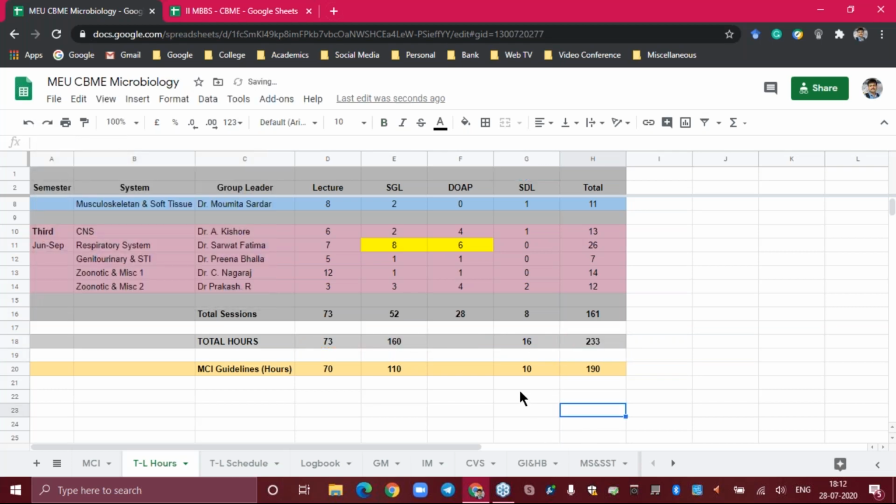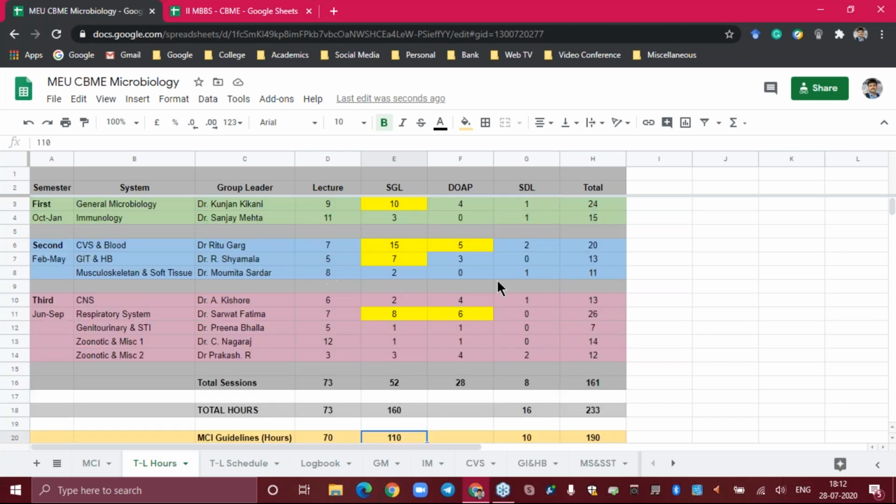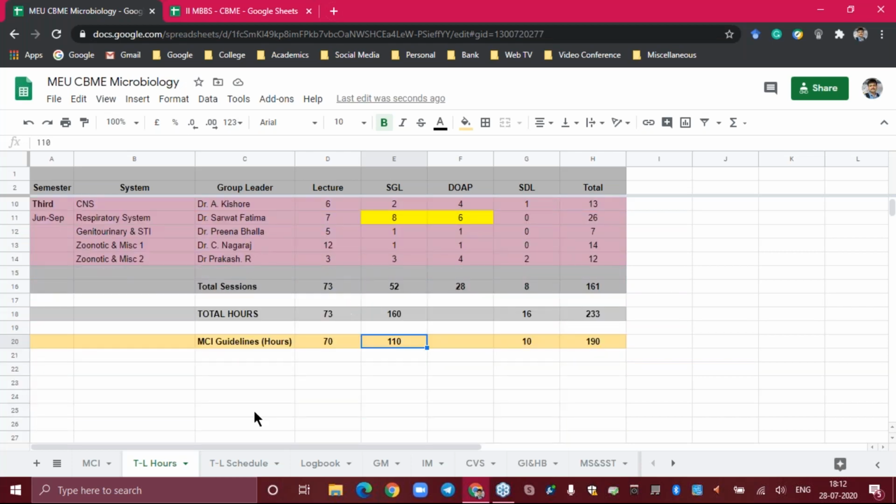You can always engage students more because this is free time which you are going to occupy. As long as you are not going to put it in your timetable in routine teaching hours 9 to 5, it is not going to affect your timetable. So it's not an issue, but definitely this needs to be cut down to 110 hours. Next, there are areas which we need to work on.